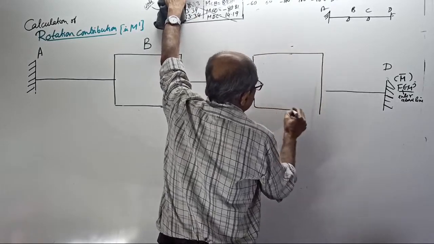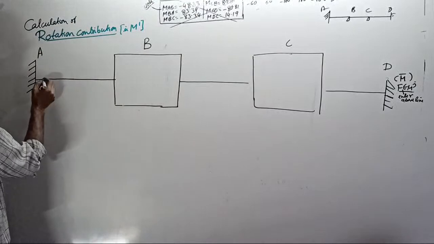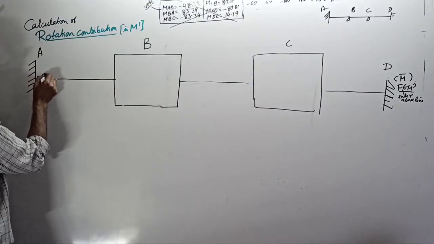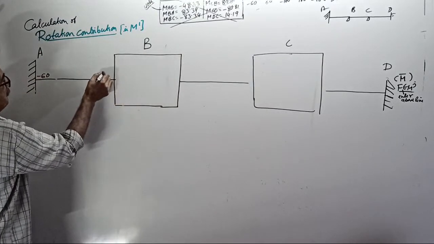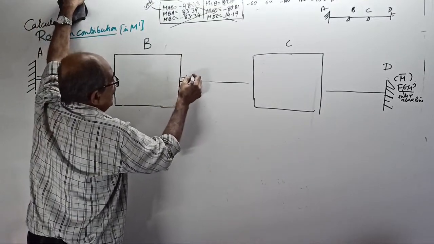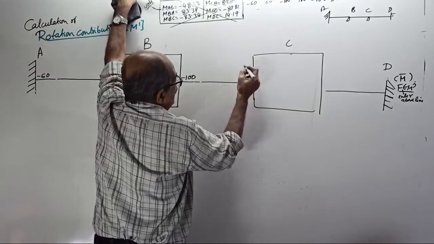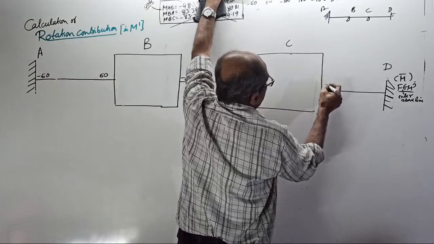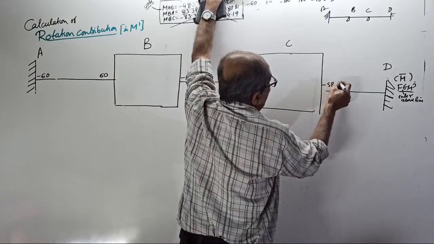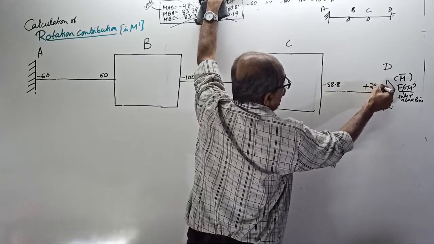Okay, so here M bar AB minus 60, M bar BA plus 60, M bar BC minus 100, M bar CB plus 100, M bar CD minus 58.8, M bar DC plus 25.2.